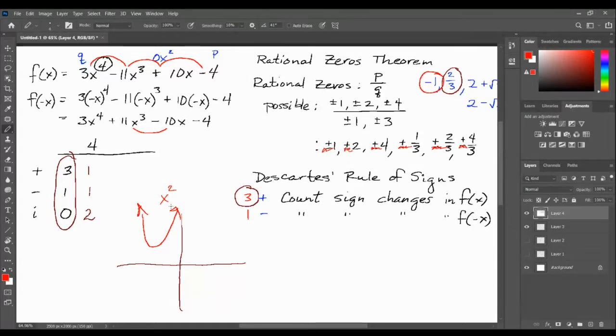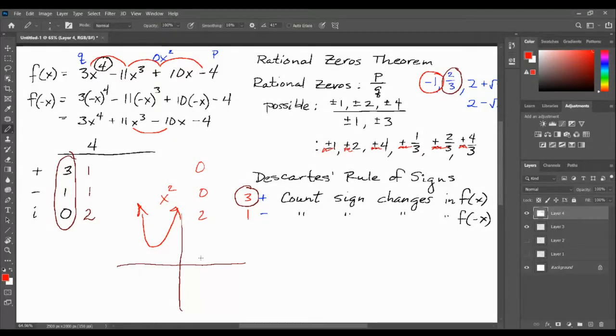And so I think Descartes was trying to handle cases like this when he came up with this rule. While x squared should expect 2 zeros, we might have 0 positive, 0 negative, and 2 imaginary, just like we do in this particular graph. So we have to consider that.